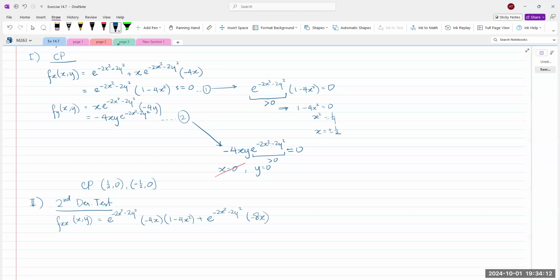If I make it nicer, this is e to the negative 2x squared minus 2y squared times (16x cubed minus 12x).